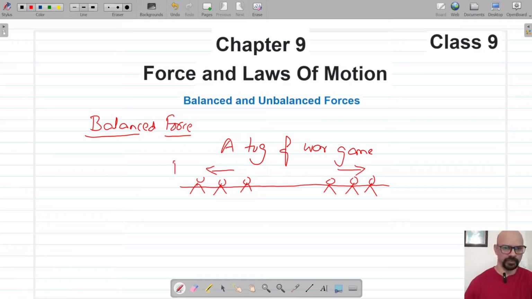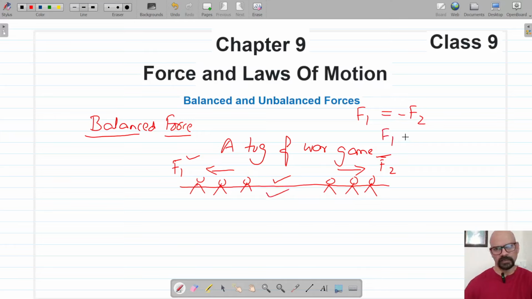So this is the force they are applying. Let's say this is the force F1 and this is the force F2. Now when the rope does not move, that means both these forces are equal but in opposite directions.